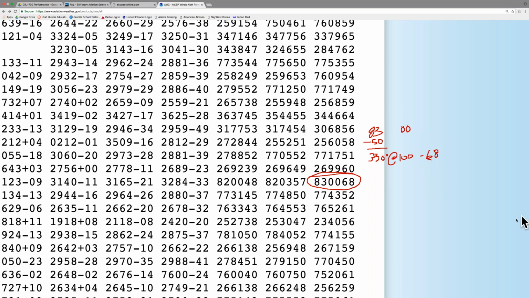Could also say calm wind if it's a 00. Nope, because why are we taking away 50? It's kind of like an addition, right? We're adding a 1, so we're carrying the 1 to the next section.